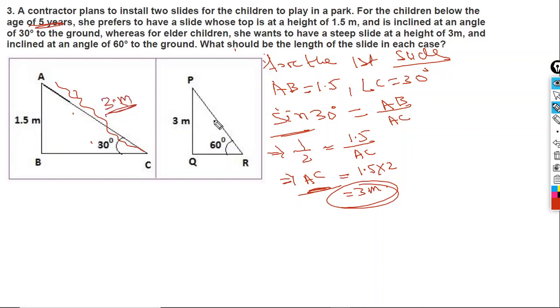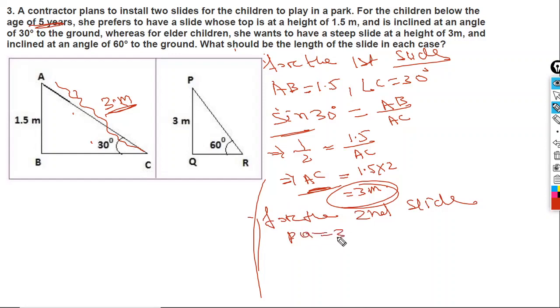Now we will move to the next slide. Write it. For the second slide, PQ equal to 3 meter, angle R equal to 60 degree.